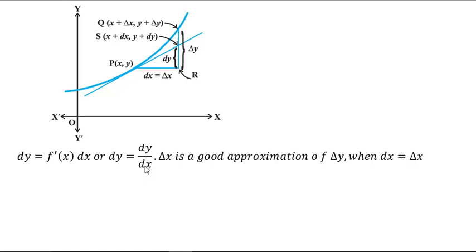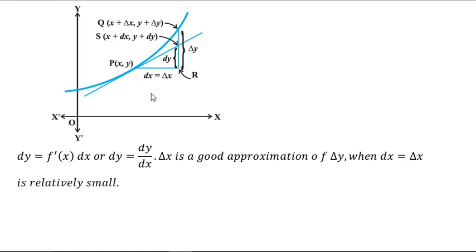Now this dy, you can see on the graph, when we draw a tangent at point P, then for a change of delta x, there is a change of dy, right? Now this dy is the approximation of this delta y when dx is very small.